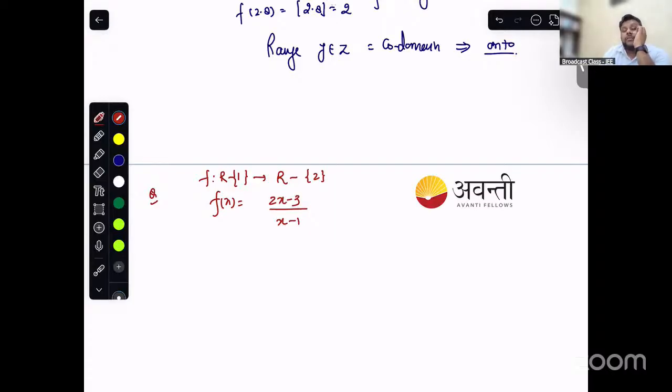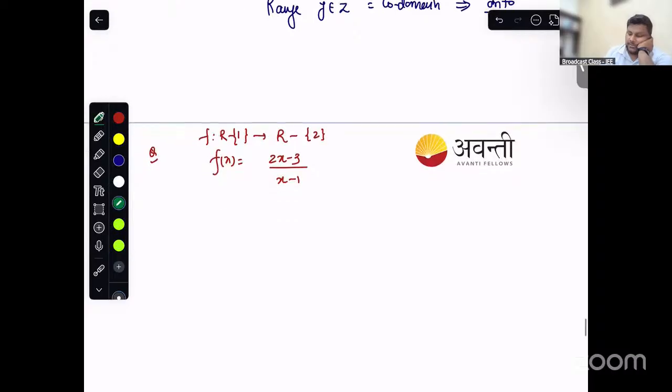Check for one-one, many-one, onto and into. Yes, give it a try quickly.